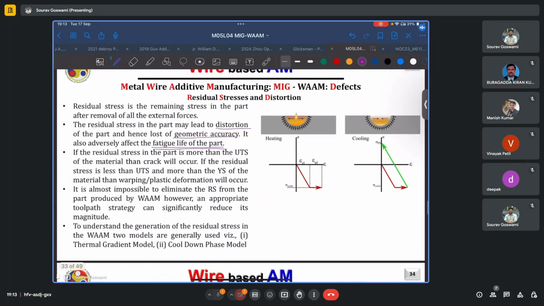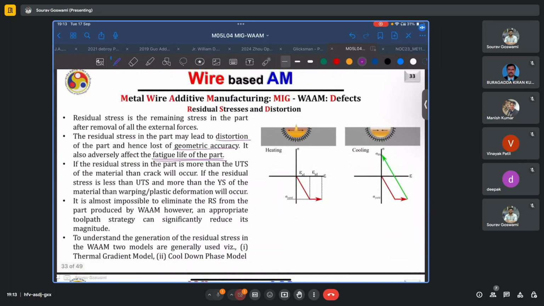Now, if the residual stress in the part is more than the ultimate tensile strength itself, it will lead to fracture, as we know. This fracture will occur via cracking. If this residual stress is larger than the yield strength but lower than the ultimate tensile strength, it will lead to some plastic deformation, that is, some warping will occur.